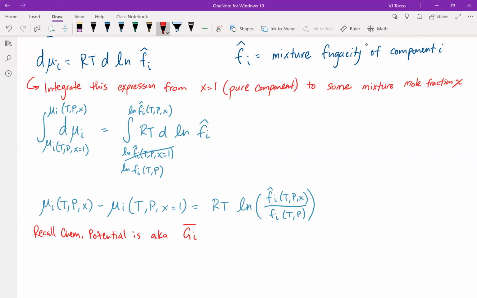To be quite honest with you, I don't know why they go through making a different symbol. I don't know why we can't just call it partial molar Gibbs free energy. There's probably a reason for that. I'm not sure why that is. But the idea here is that we're going to simply replace this with partial molar Gibbs free energy. And then the chemical potential of a pure component is equal to the partial molar Gibbs free energy. But for a pure component, the partial molar Gibbs free energy is equal to the molar Gibbs free energy. So this one is G underbar.